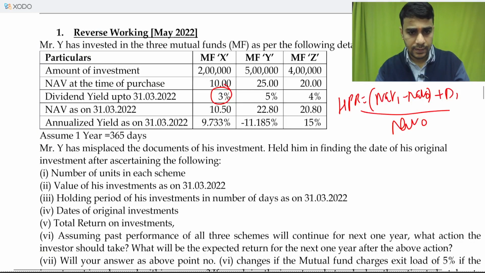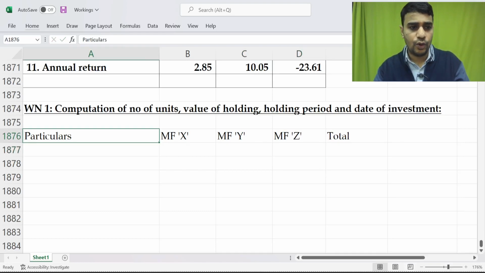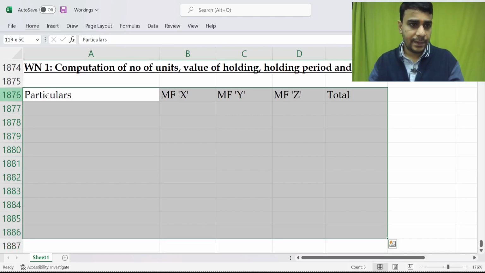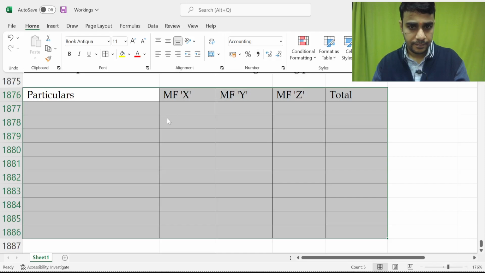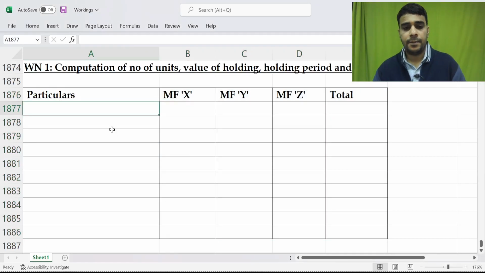Particulars: MFX, MFY, and MFZ. And a total will help me in answering part 5 of the question. Particulars, 3 mutual funds and a total column.